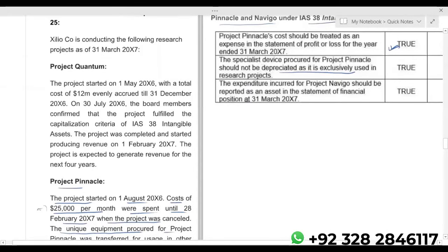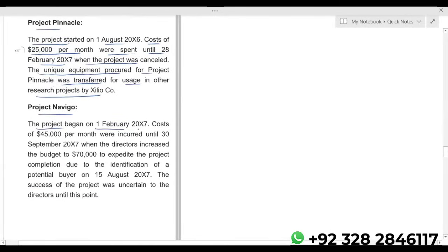Project Navigo. The project began on 1st Feb X7. Costs of 45,000 per month were incurred until 30th September X7, when the director increased the budget to 70,000 to expedite the project completion due to the identification of a potential buyer on 15 August X7. The success of the project was uncertain to the directors until this point.